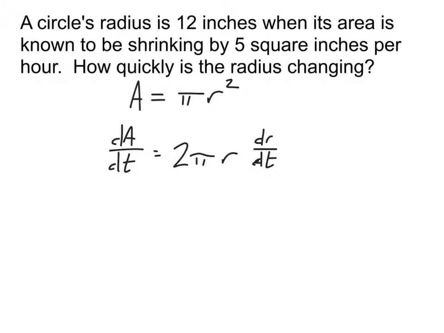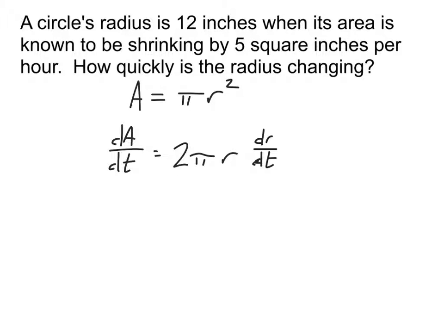All right, so once again, do I know what dA over dt is? Well, if you were just assuming that this problem was just like the last one, you'd be thinking no, but we actually do. Because we do know how the area is changing over time. You'll notice the area is shrinking by 5 square inches per hour.